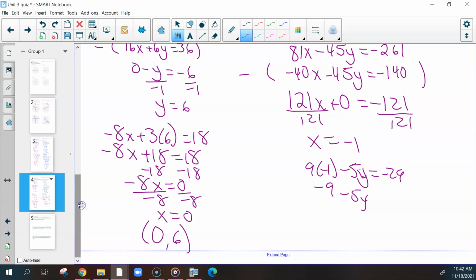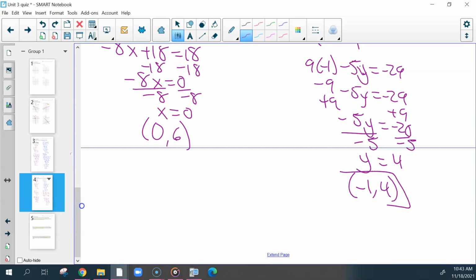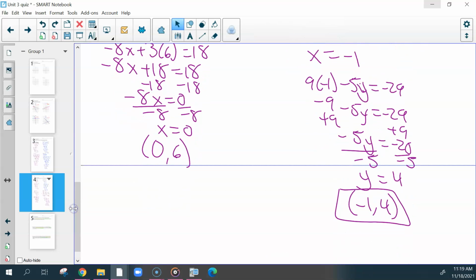And then we'll finish this one when we get back. The final answer for that one was negative 1, 4.